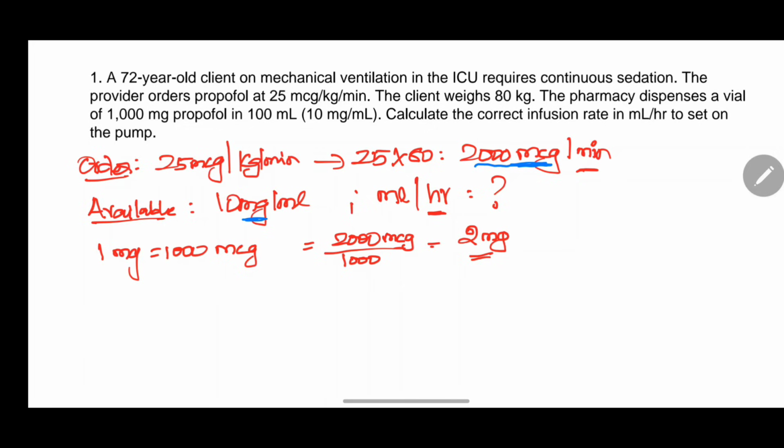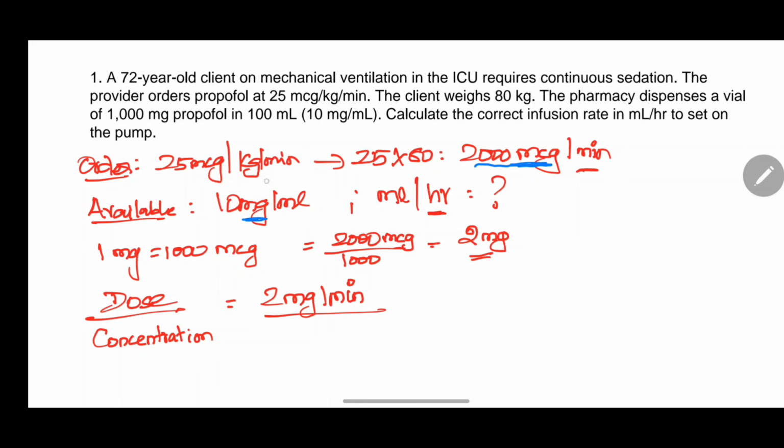So now let's put it into the formula. The formula is ordered dose divided by availability, the available concentration. So ordered dose is 2 milligram per minute. The final thing we have to write, because we converted everything, right?